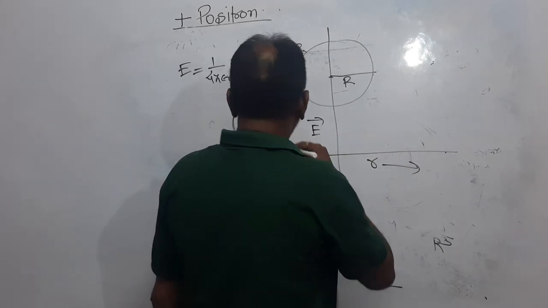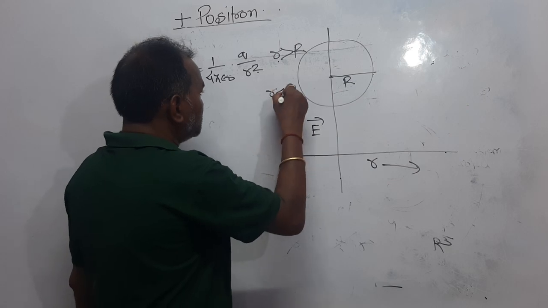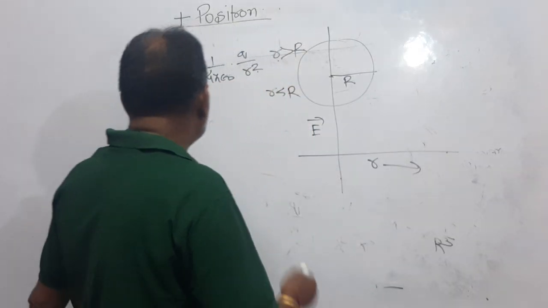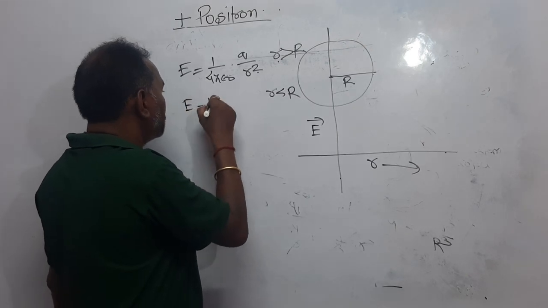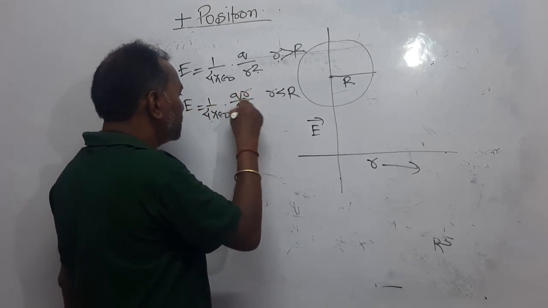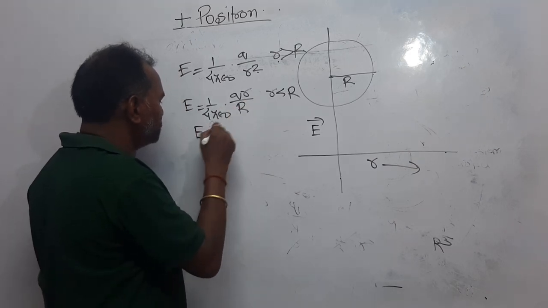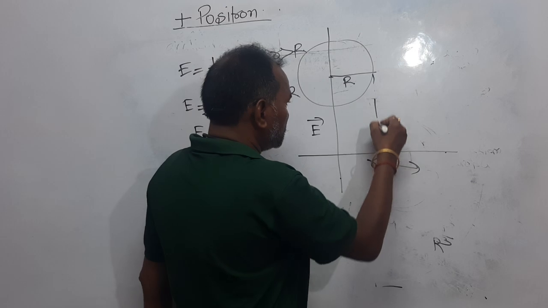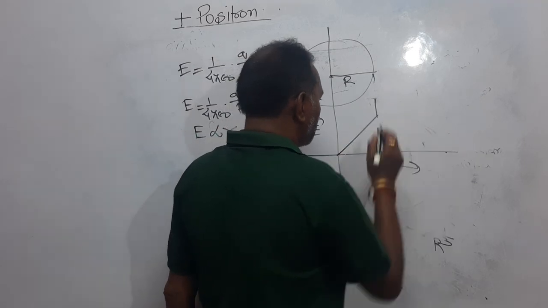And when small r is less than capital R, means inside the sphere, then E is equal to 1 upon 4 pi epsilon naught Q r upon capital R cube. Again, capital R is a constant, so E is proportional to r. So inside the sphere, E is proportional to r.